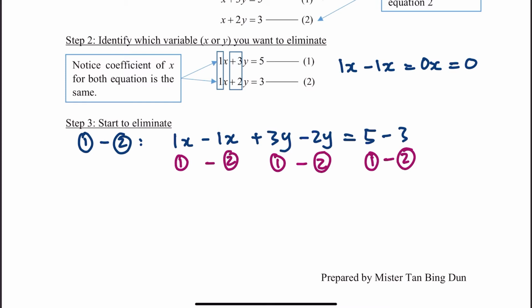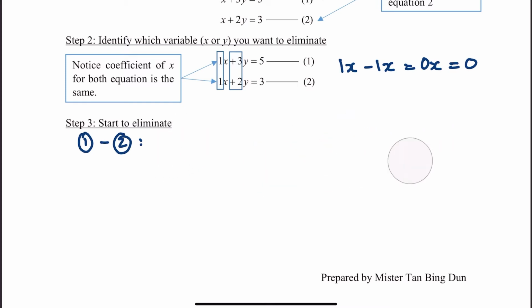So I can actually simplify my working a little bit. Because I already set out with a goal in mind to remove the variable x, I know that x minus x just eliminates x. So I'm not going to put the x in. Instead, I simply put 3y minus 2y equals 5 minus 3, and it's quite understandable.